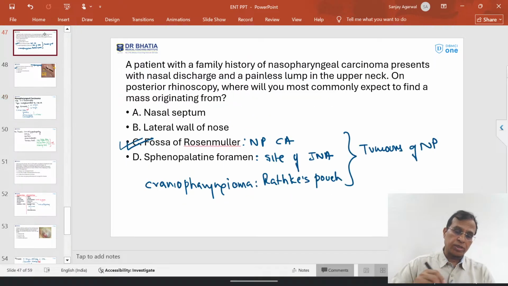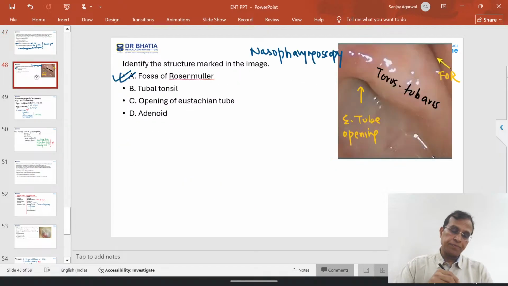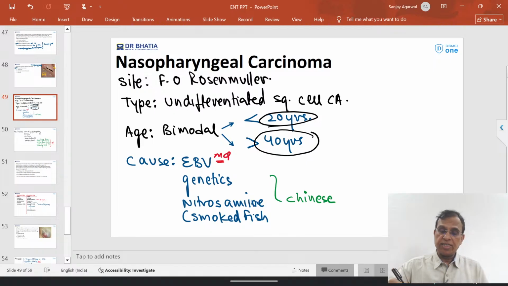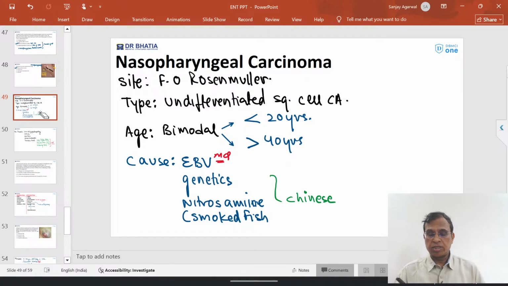Okay, the child was not mentioned in this one. I thought it was mentioned. Anyway, either it is seen in a child less than 20 years or it is seen after 40 years of age. The most important cause is Epstein-Barr virus.